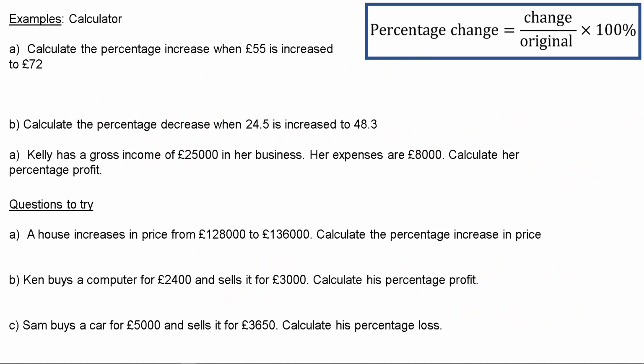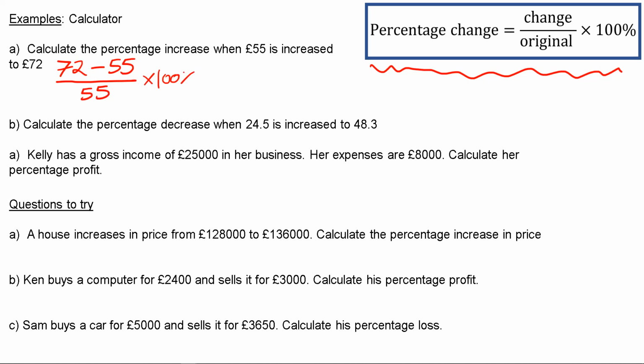Very often, this question will come up on a calculator paper, and in that case, you can just use the formula in this blue box. Change over original, and then you times by 100%. So to work out the percentage increase from £55 is increased to £72, we work out the change in the value, so the difference between them. The original is 55, so we're going to calculate that and then times it by 100%.